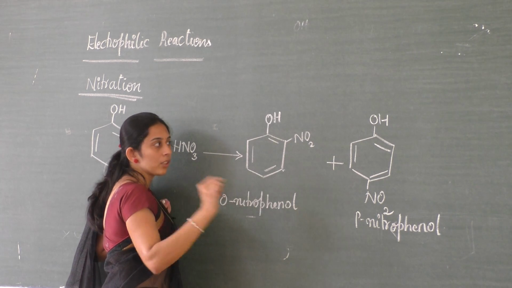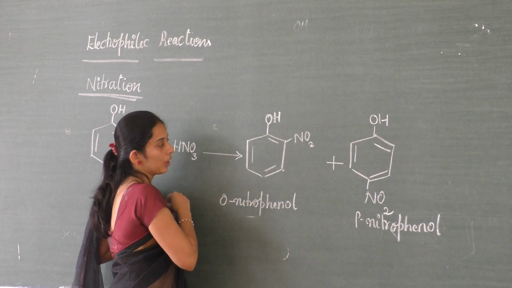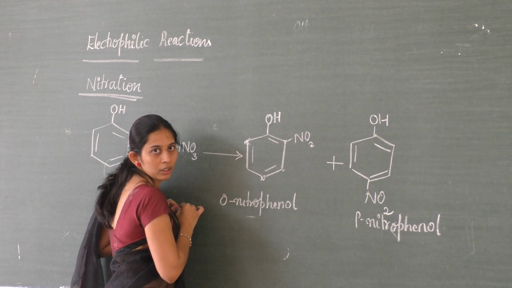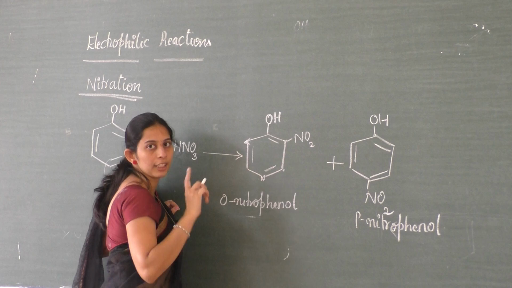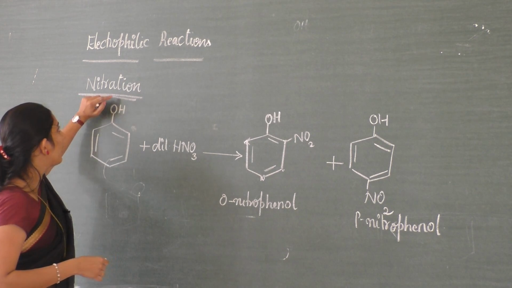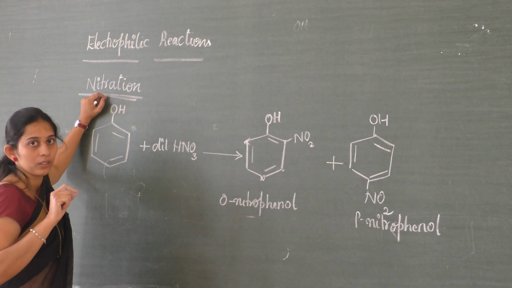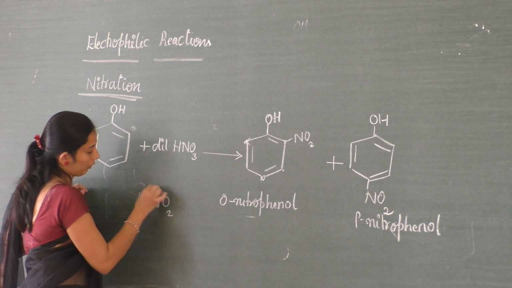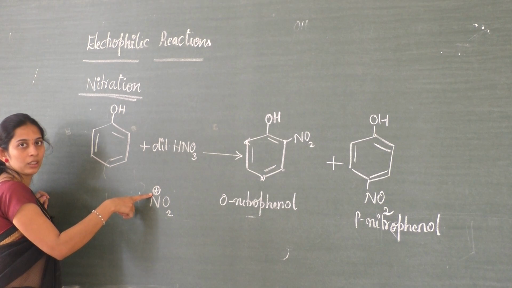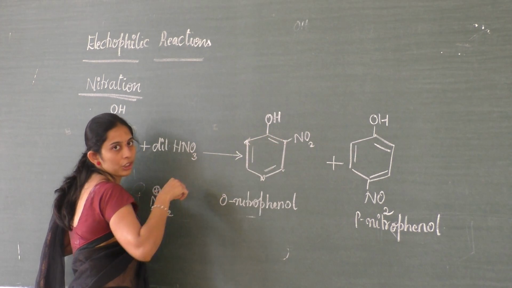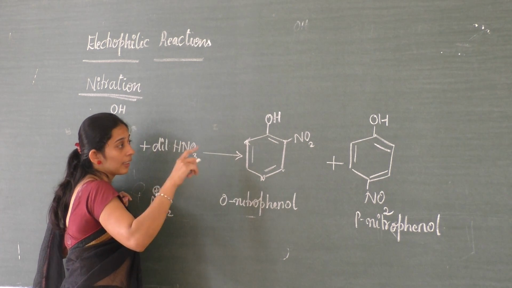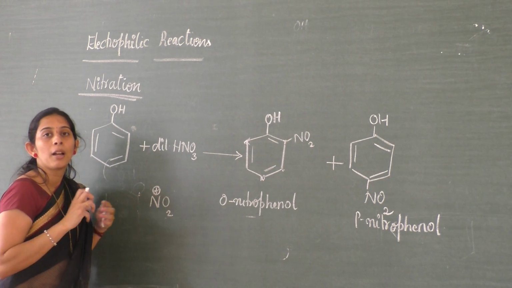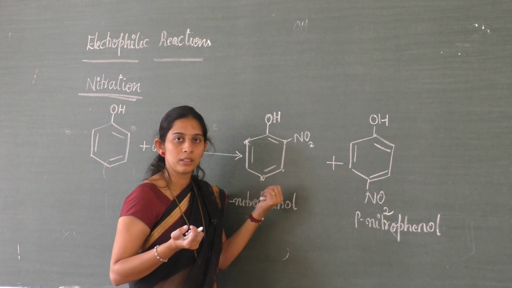In that we got a negative charge only in the ortho as well as the para position, either in this position or in this position, or you can write this position. Only in these three positions is there a negative charge, meaning high density. An electrophile has less electron. So when you react with dilute HNO3, NO2+ acts as an electrophile. It has a positive charge, NO2+. So that should be attached to a negatively charged position. Where is the negatively charged one? In the earlier case we discussed the ortho and para positions are negatively charged. So it has to come and attach here. So that valence is satisfied.